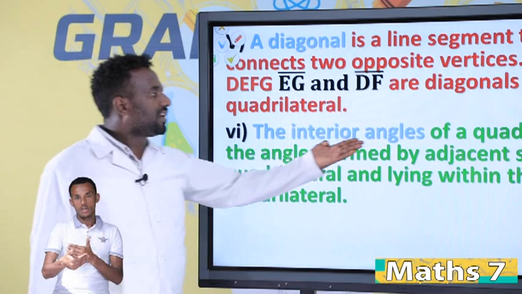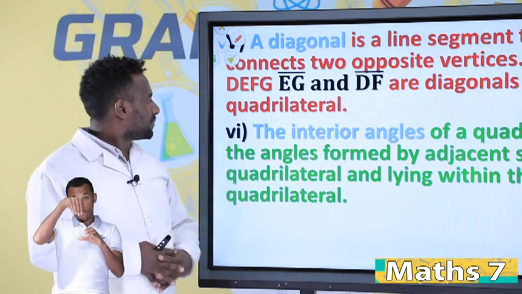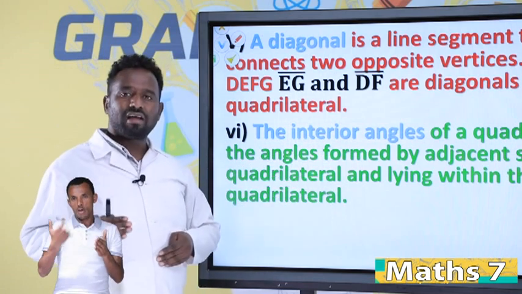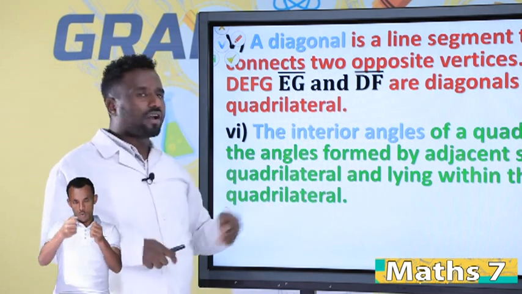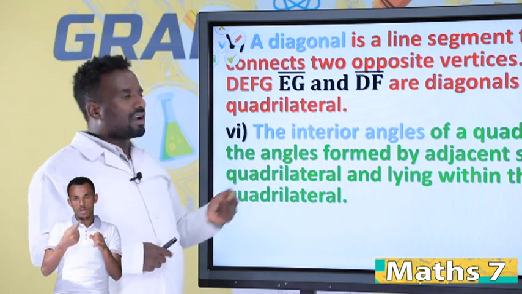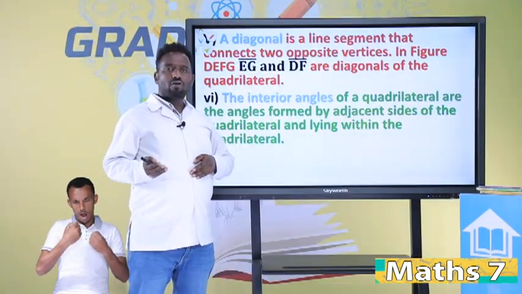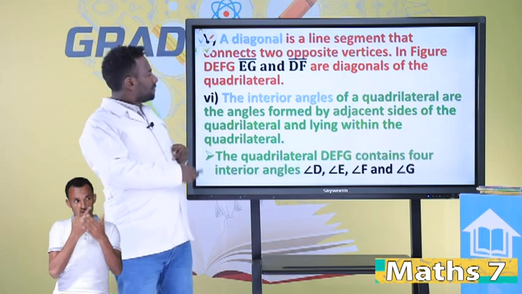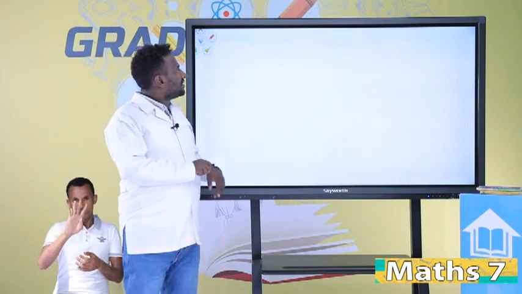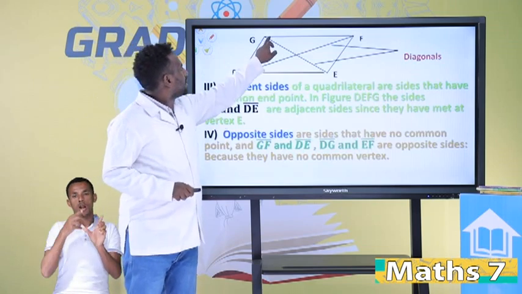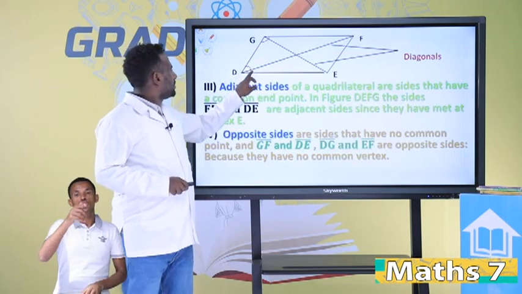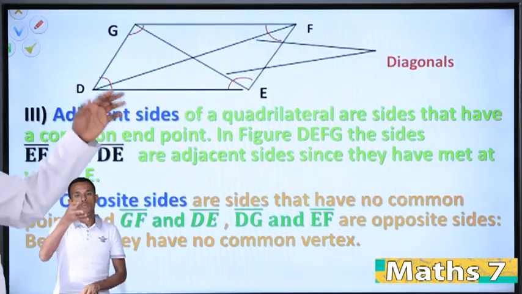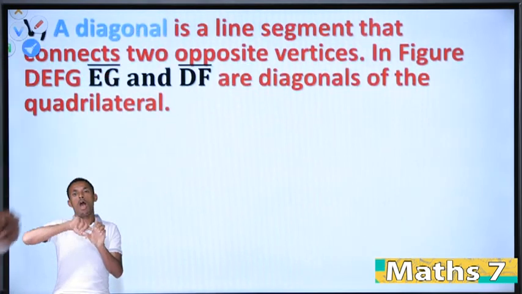Then the interior angle of a quadrilateral is the angle formed by the adjacent sides of a quadrilateral, lying within the quadrilateral. So the quadrilateral has four interior angles. On the given figure, angle G, angle D, angle E and angle F are the interior angles of the quadrilateral.